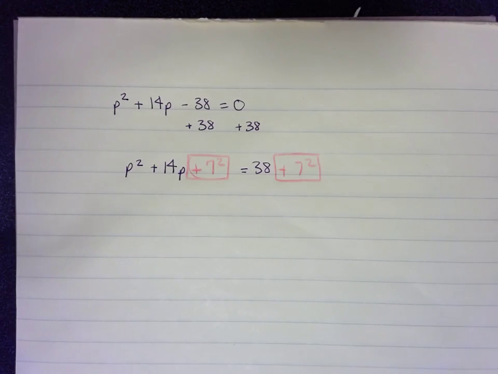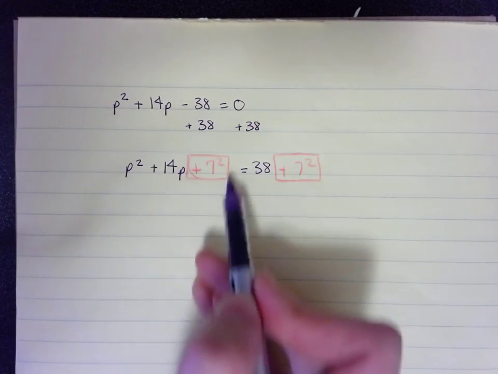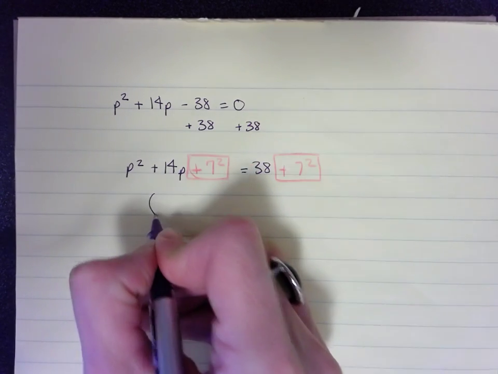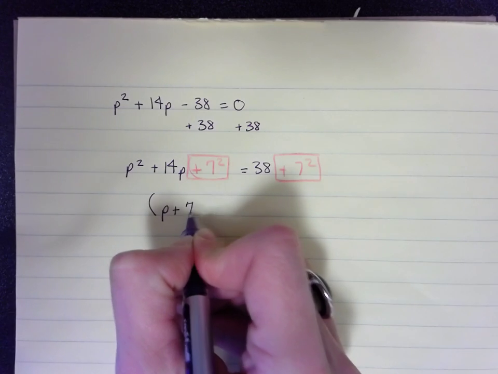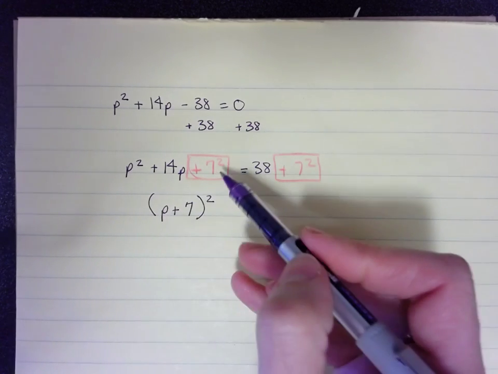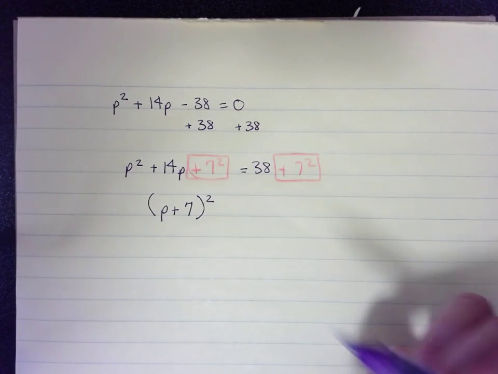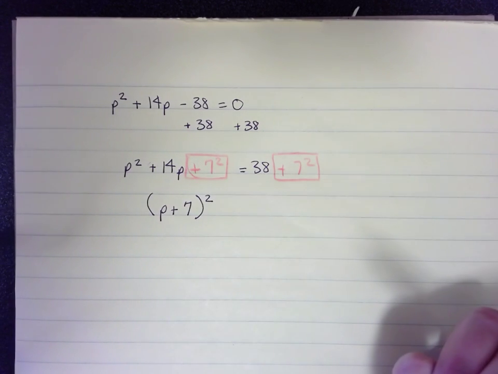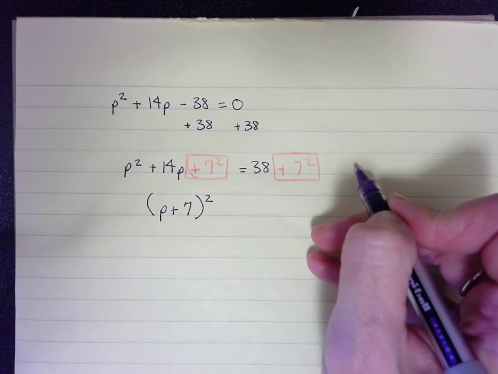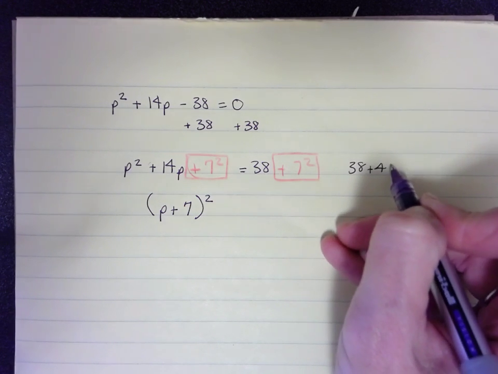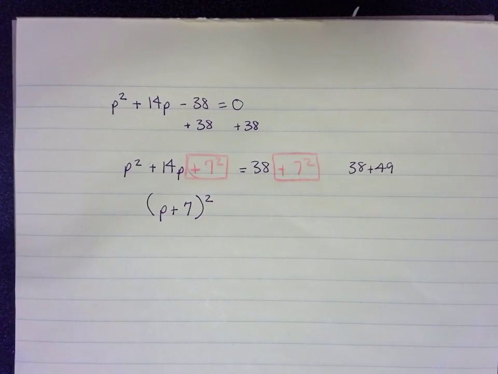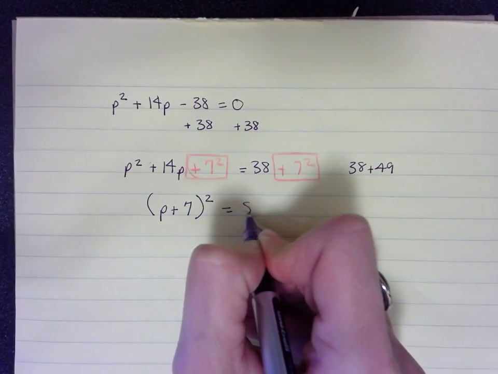And like we said before, I can now take this square trinomial and put it into its factors. You see how the factor connects with what's being squared, or whatever half of b is? And then whatever the plus is here, we have the plus there. So we add 38 plus 49 and I get 87.